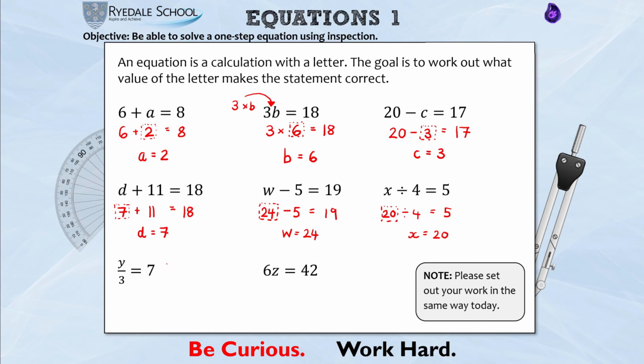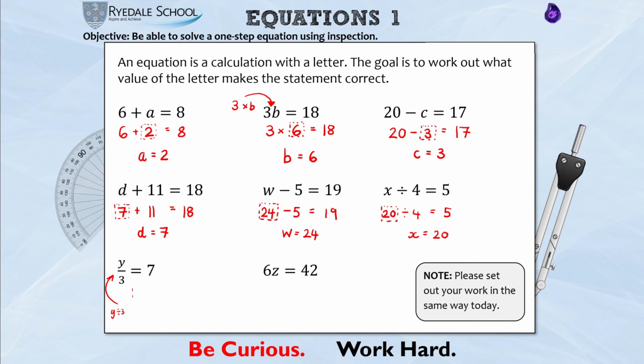Let's look at this next one. I've got Y over 3. Now again, I hope some of you remember that this is just another way of writing divide. In fact, this is the more typical way that we would write divide in algebra. We wouldn't use the divide by symbol like in the last question. We'd use this fraction line, which also means divide.